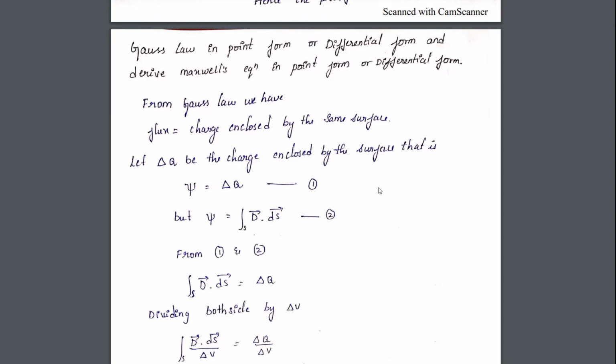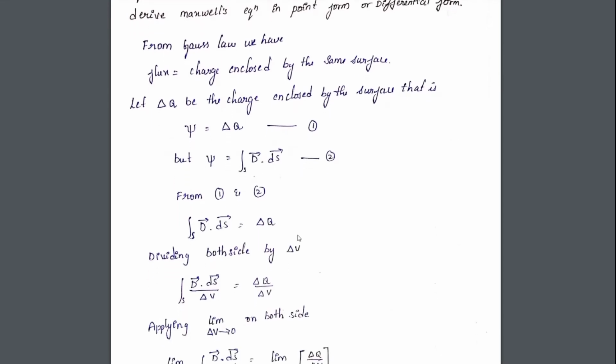Understood? Once again, I'll repeat, you listen. According to Gauss law, we have flux is equal to charge. The charge is taken as delta Q. That is equation 1. And flux is related by what? Psi is equal to the surface integral of D dot dS. That is the second equation. 1 and 2, if you equate, you'll get this value.